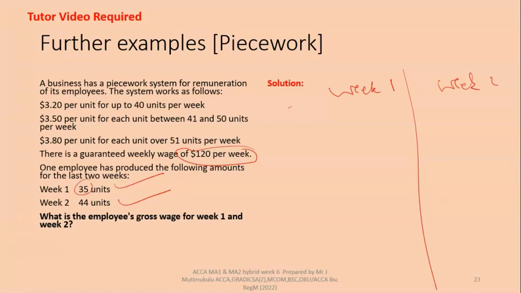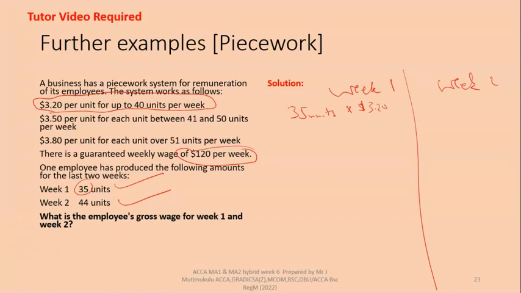35 units multiplied by how much per unit? That's $3.20. Why are we using $3.20? Because these units are under 40. So $3.20 per unit for up to 40 units per week. This is why we picked $3.20.